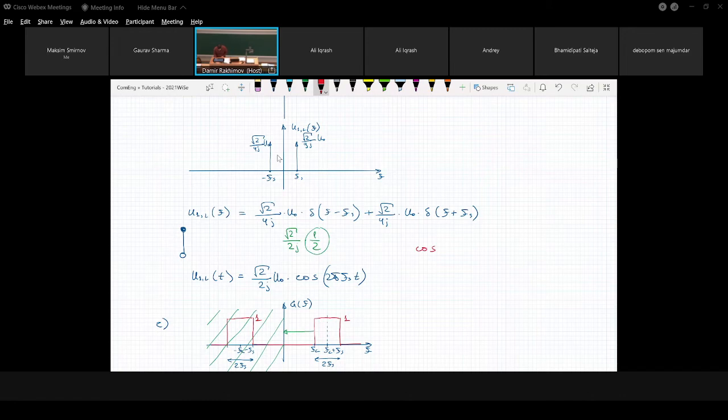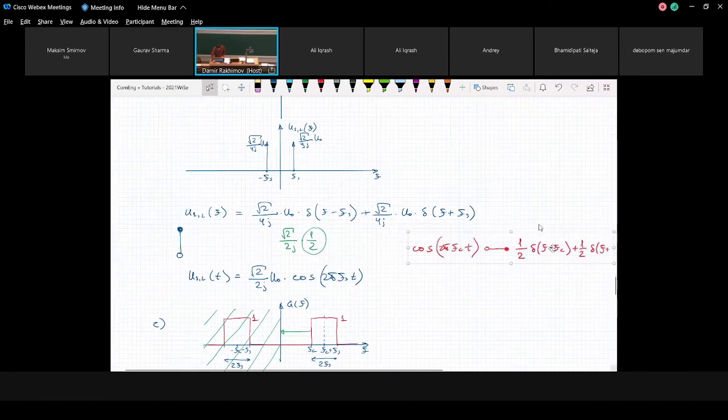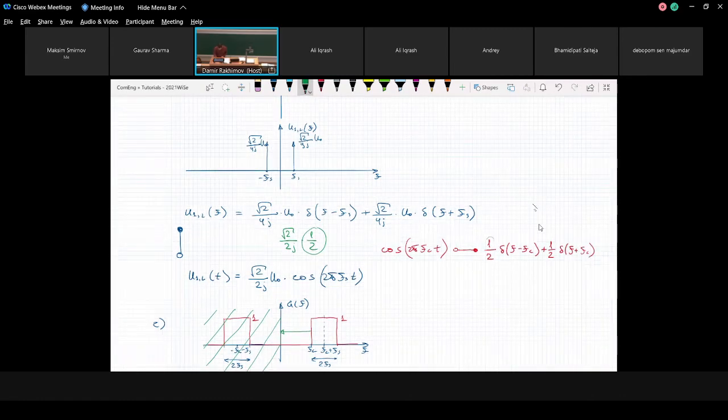If you have cosine 2 pi Fc t, just any arbitrary frequency, and you perform the Fourier transform, you get two delta pulses with magnitudes 1 over 2. The Fourier transform equals 1 over 2 delta pulse F minus Fc plus 1 over 2 delta pulse F plus Fc. Yeah, this is the reason, because you have this 1/2 in front of each delta pulse.